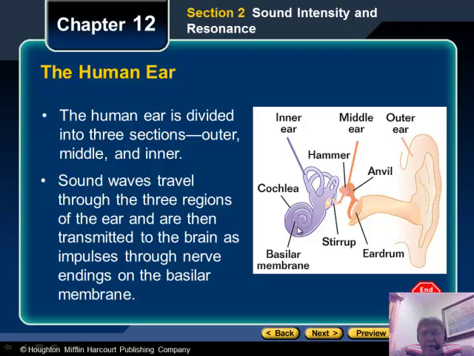The cochlea is filled with a fluid, and this causes that fluid to vibrate. There are little hairs in the cochlea, and they are sensitive to different frequencies, and so as different ones are stimulated by the different frequencies, they pick that up and send that to the brain through the auditory nerve, and your brain translates that as sound.